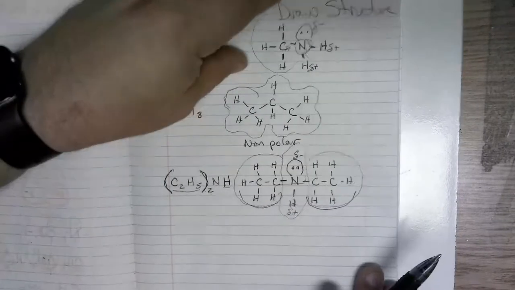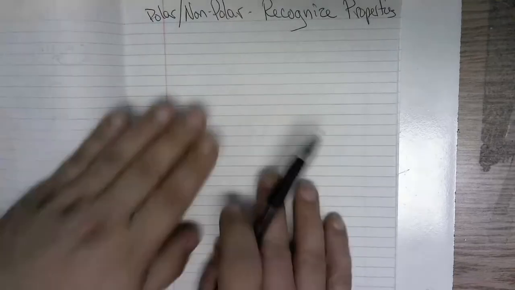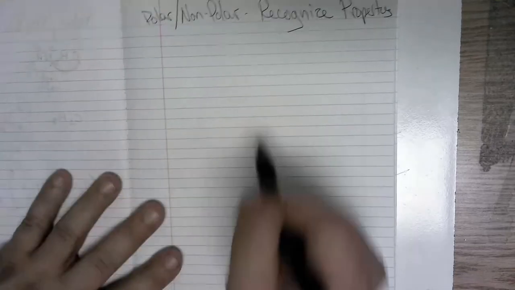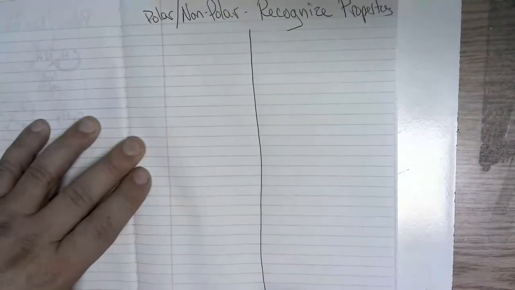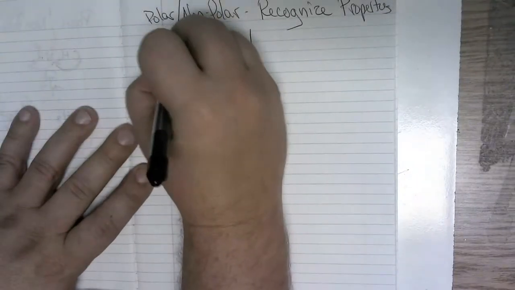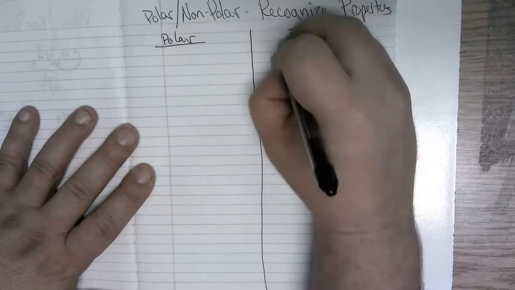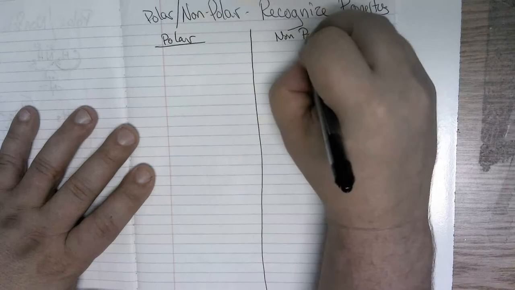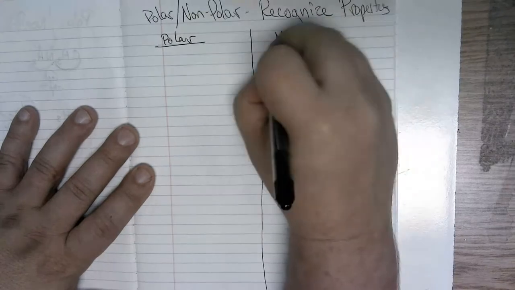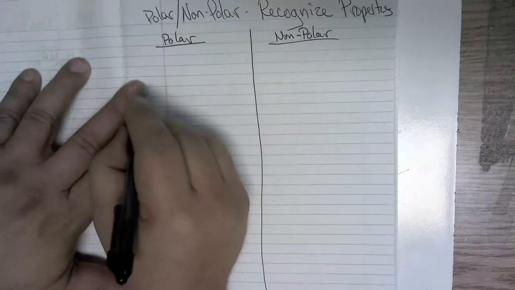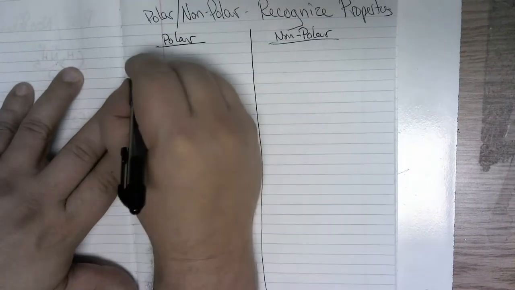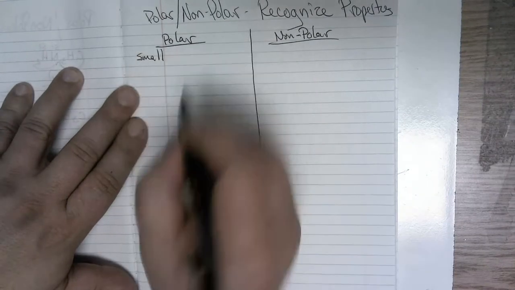Okay, so how do I know what their properties are? Okay, let's draw a line down the middle of our page here. And let's say this is polar and this is nonpolar. Okay, let's say I have a small molecule.